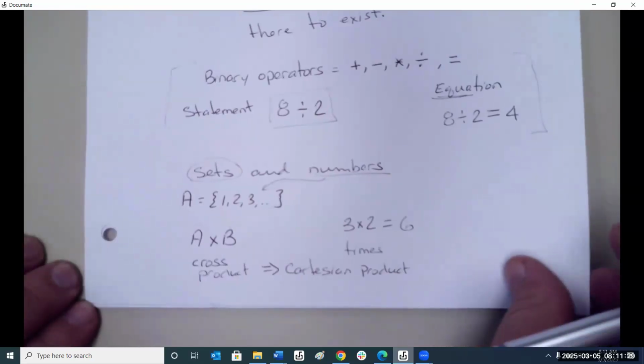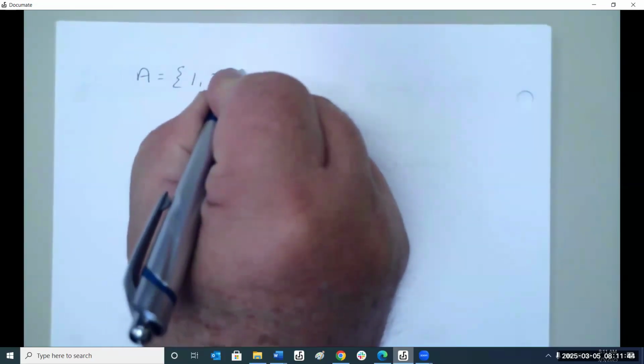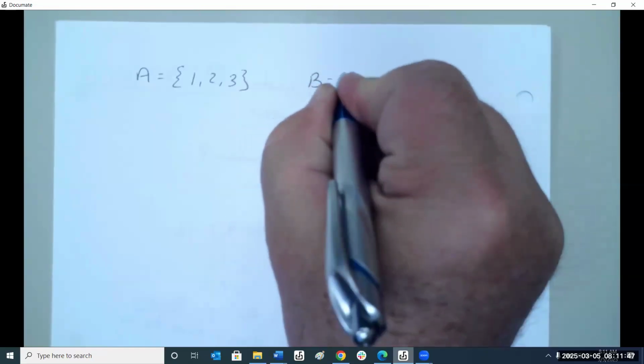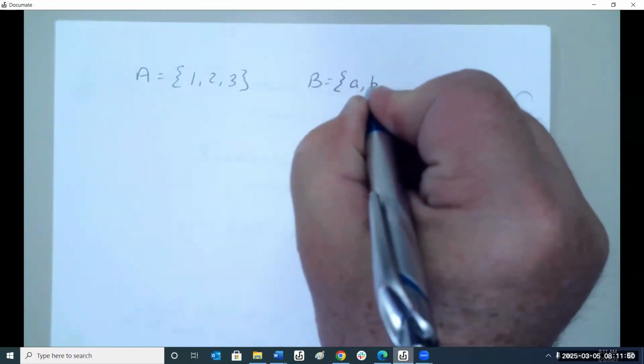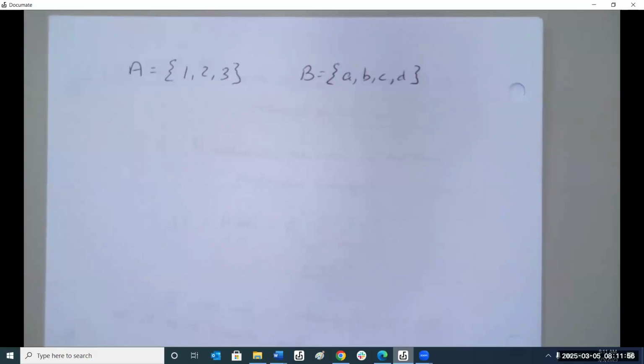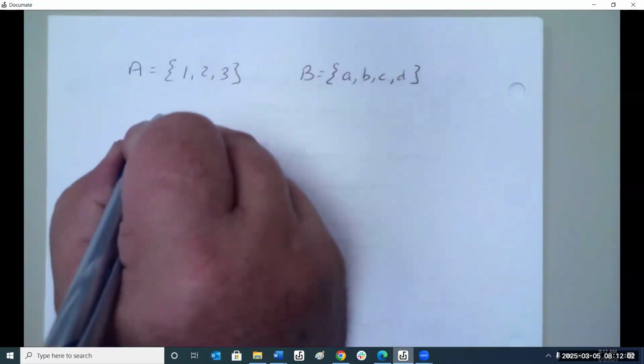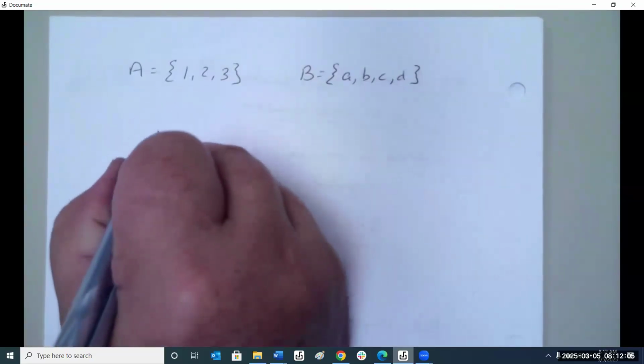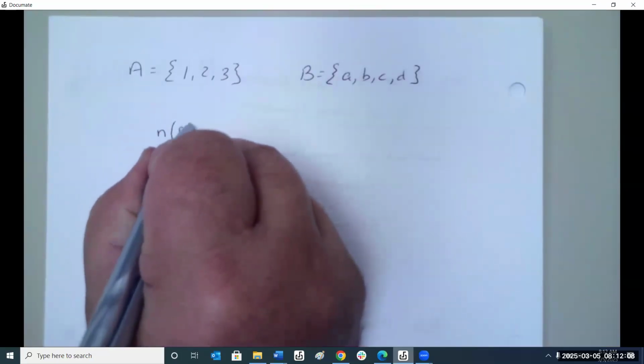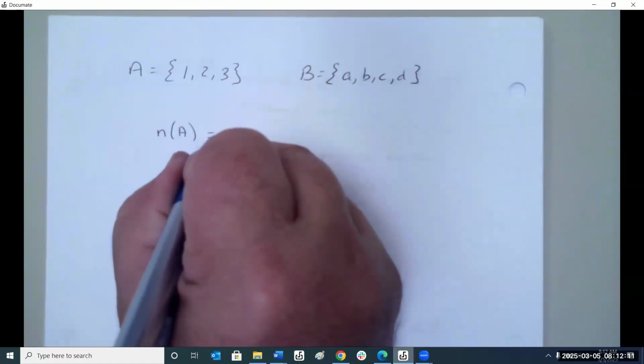Let's see how these connect to each other, since we've talked about sets before. We have two sets. The multiplication of these, well, what would that be?